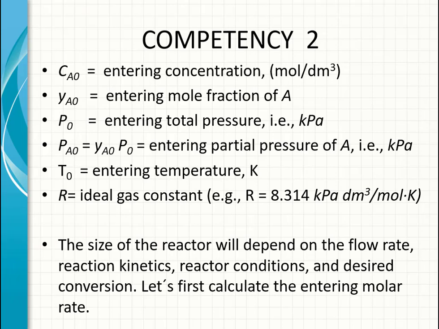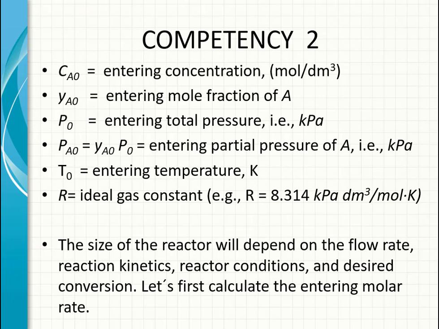Ya0 is the entering mole fraction of A. P0 is the entering total pressure in kilopascals. Pa0 is equal to Ya0 times P0, the entering partial pressure of A in kilopascals. T0 is the entering temperature in kelvins, and R, the ideal gas constant, is equal to 8.314 kilopascals liters divided by mole kelvin.